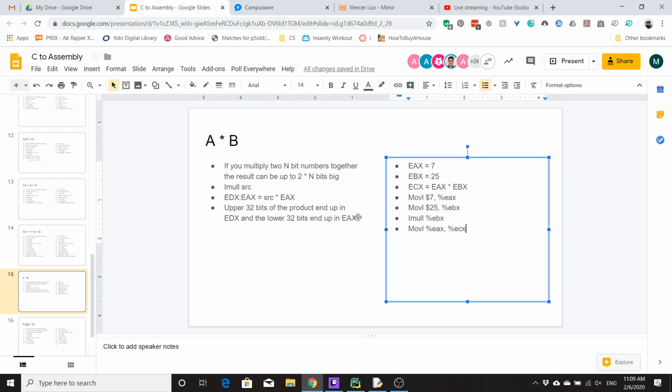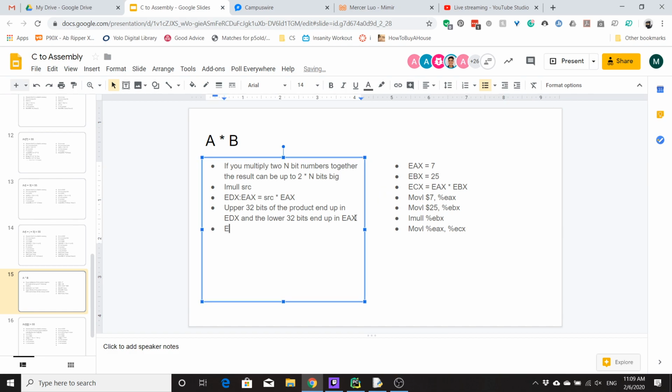But one of the things to really watch out for when using this instruction is that EDX will always be changed to something else. It will always be modified. So if you have something in it that you care about, move it somewhere else before you multiply.